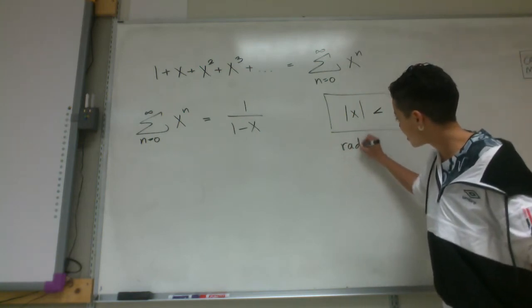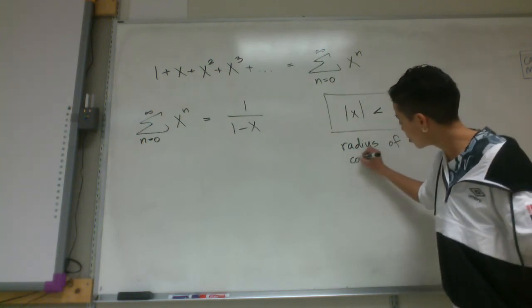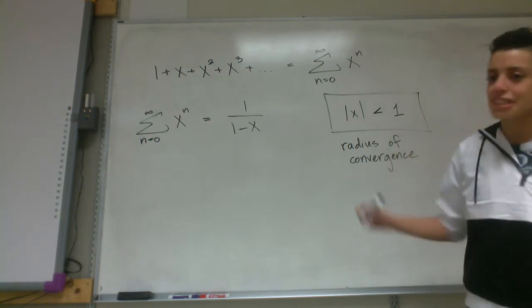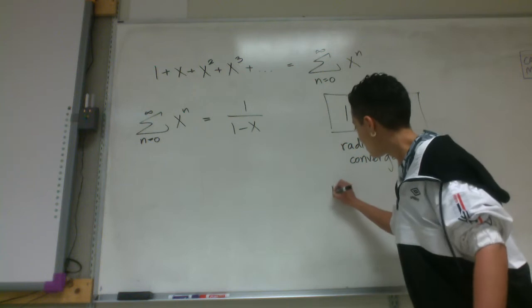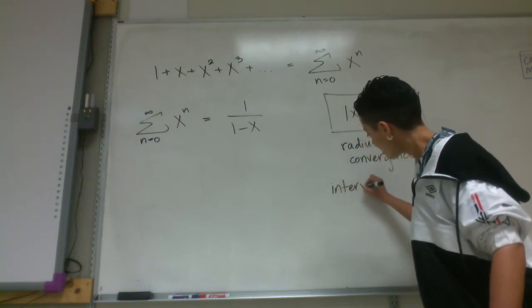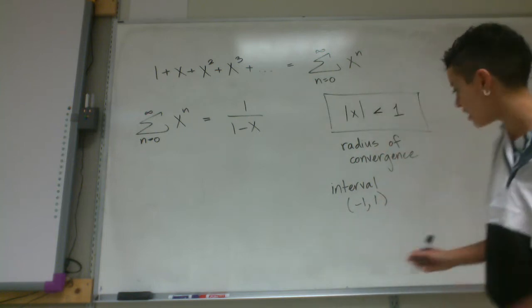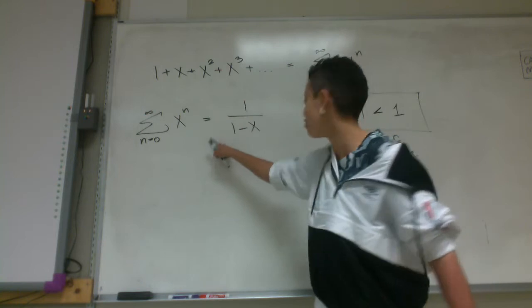This right here, incidentally, is called the radius of convergence. And we can speak about the interval of convergence, which you saw in your calculator, which is that interval from -1 to 1, since we're centered at x equals 0, on which this is actually true.